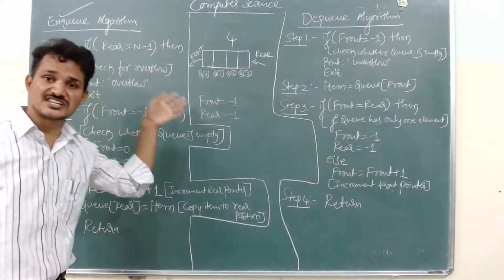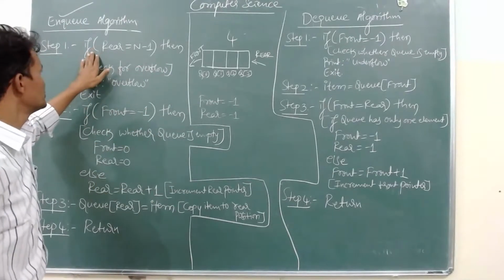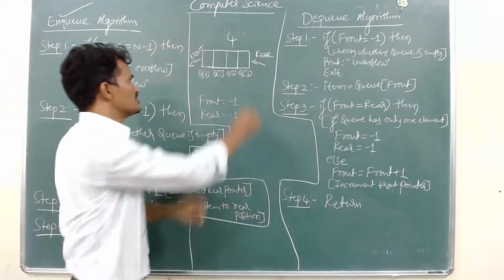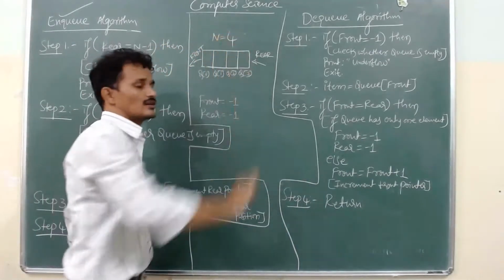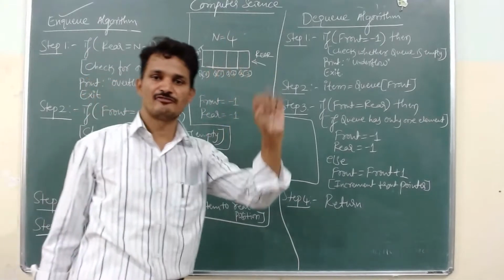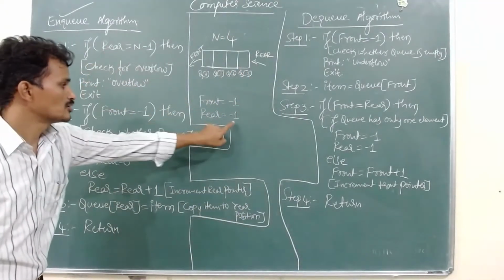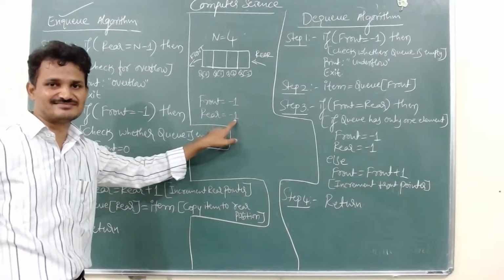Now, straight away we will check the condition. If rear is equal to n minus 1, what is the value of n? The value of n is 4. What is the value of rear? Rear is minus 1.